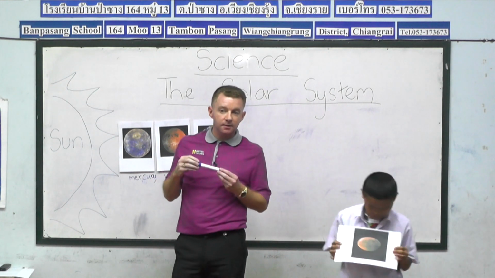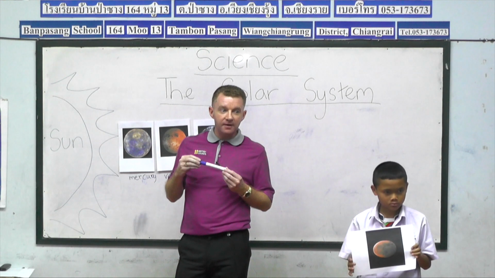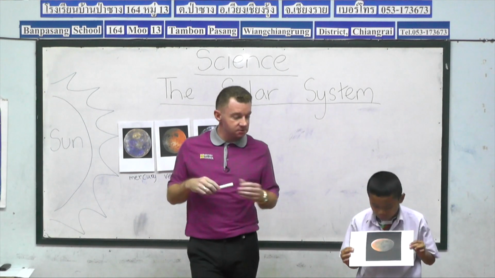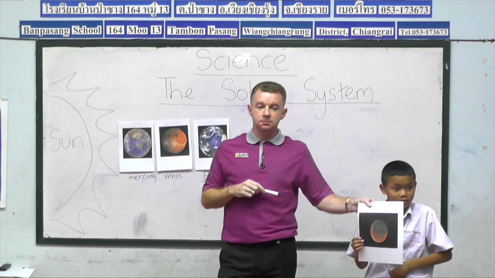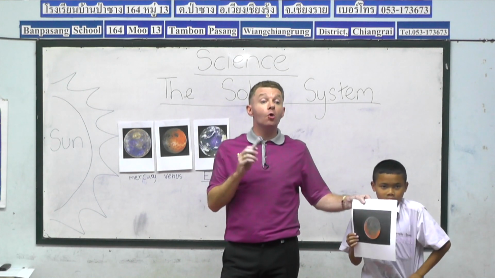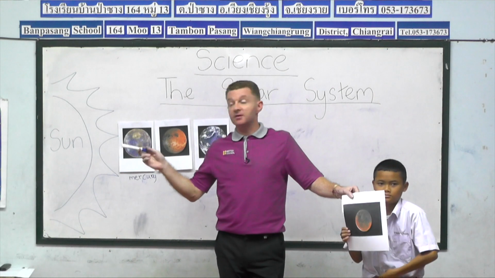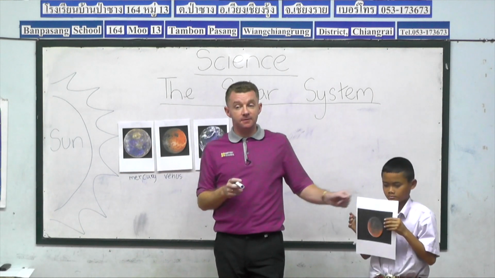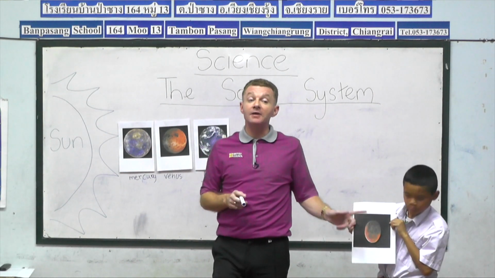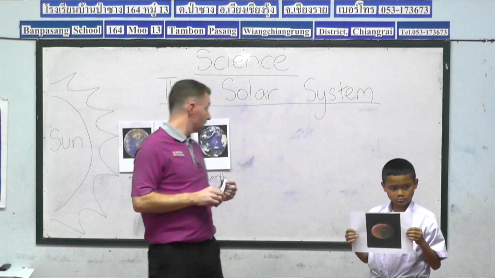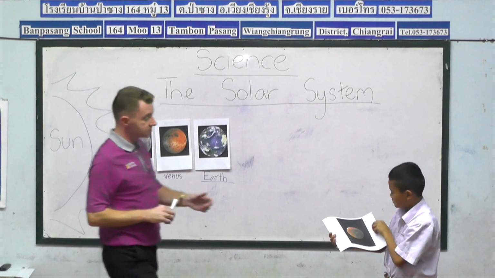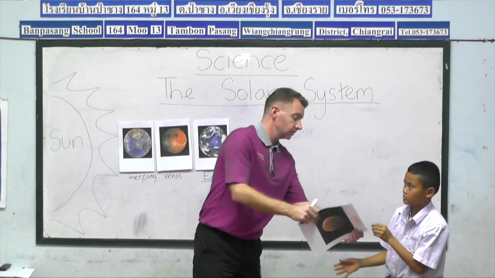What can we see? What planet? Mars, yes. And what colour can you see on Mars? Orange or red. Whereas Earth is sometimes known as the blue planet, Mars is also known as the red planet. So Chu, can you place Mars in the correct position?